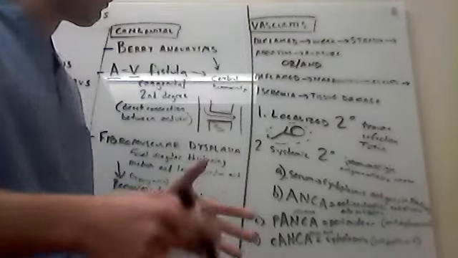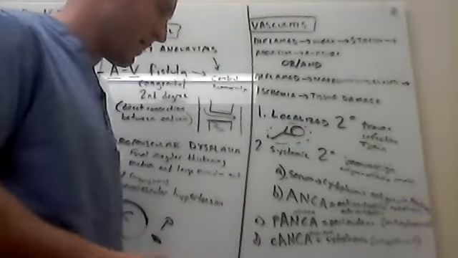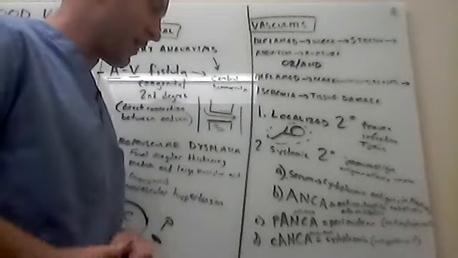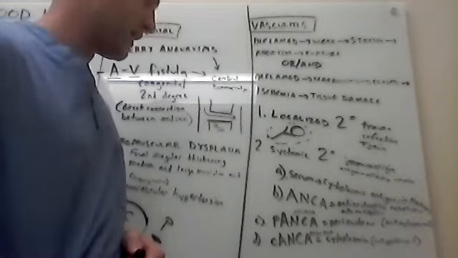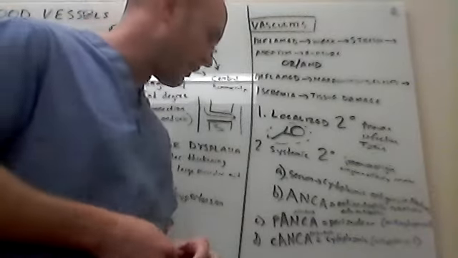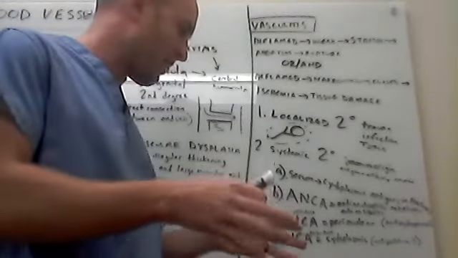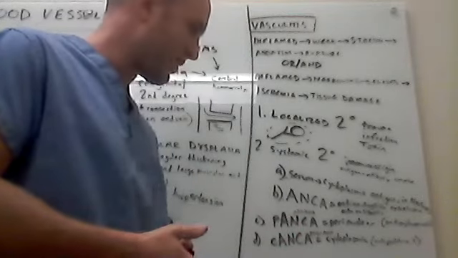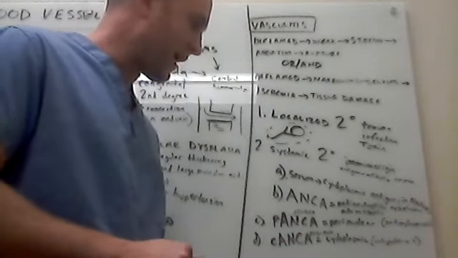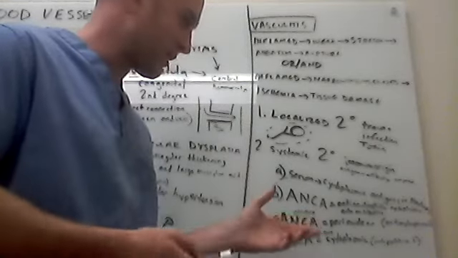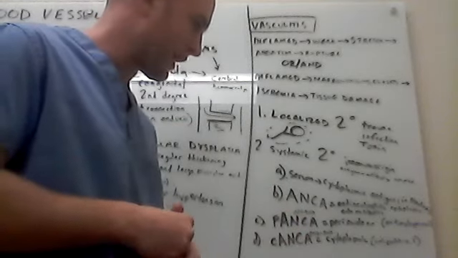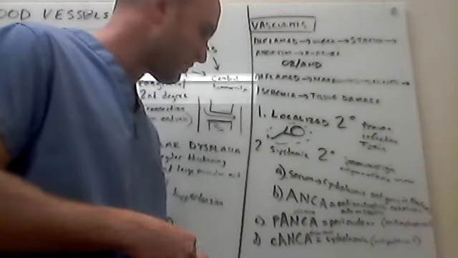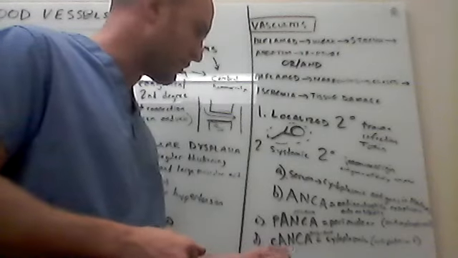So maybe the P for the peroxidase, I remember that. And then there's C-ANCA, and that is cytoplasmic, and he also has the letters PR3. I'm not sure what PR3 stands for, but he has it on there. And anti-proteinase 3. Maybe that's what that stands for. So the C one here is the one that's to do with protein.